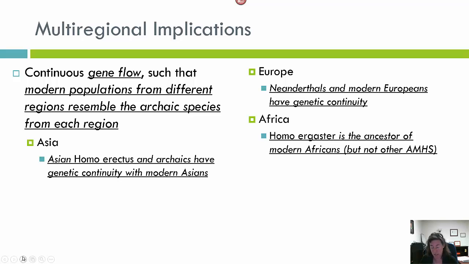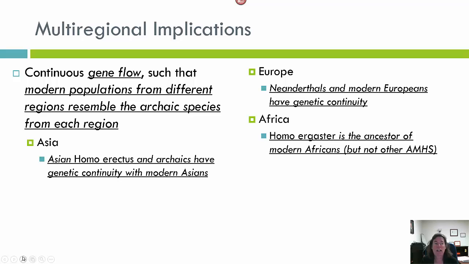What about the other hypothesis? The other hypothesis is known as the multi-regional hypothesis. And the basis of the multi-regional hypothesis is that the genes creating the modern human phenotype arose in all parts of the world and were mingled together as people from different regions mated and exchanged genetic material.